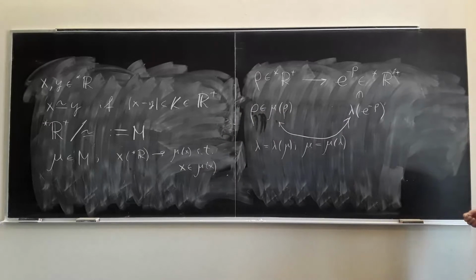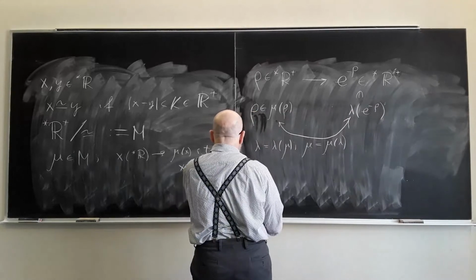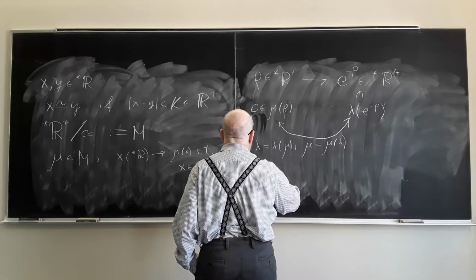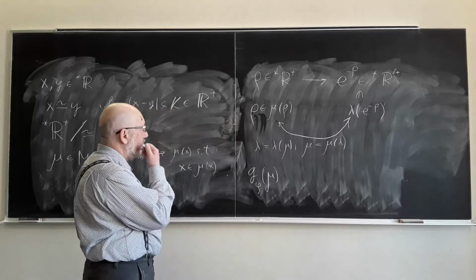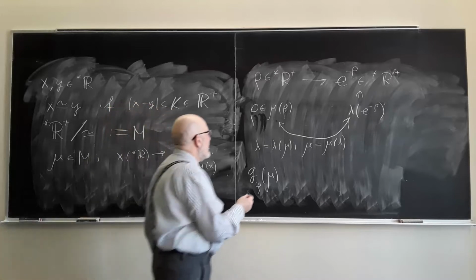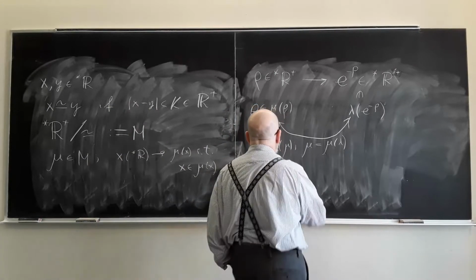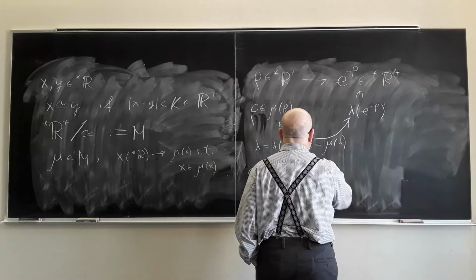And now I construct a function g phi of mu the following way. It equals f phi of lambda of mu.